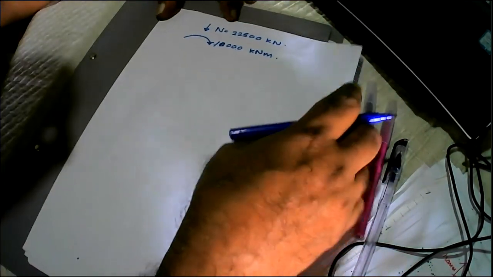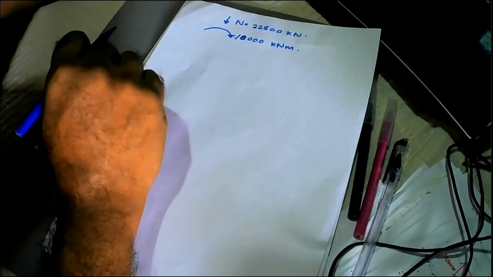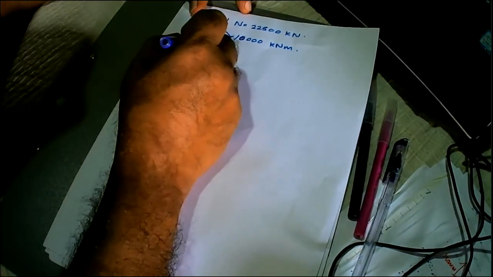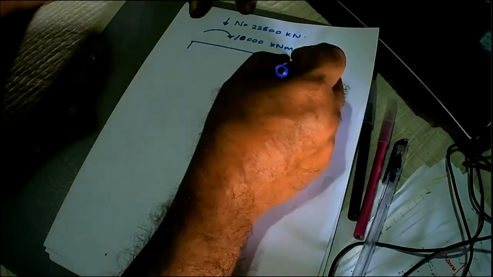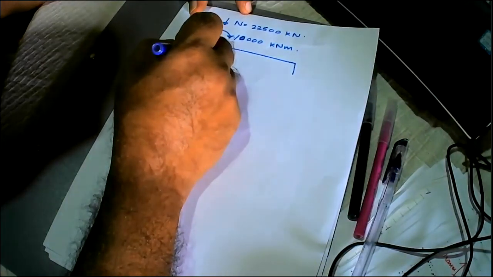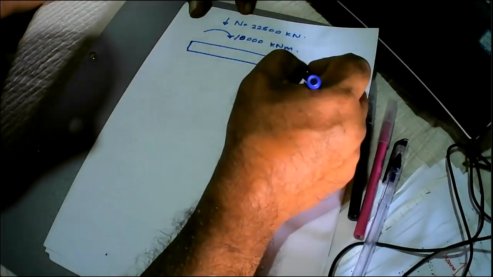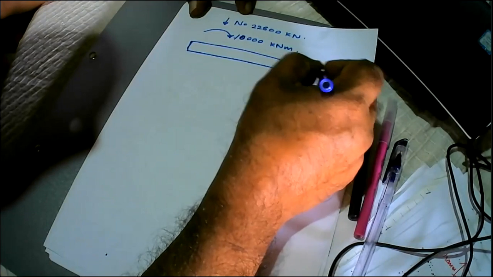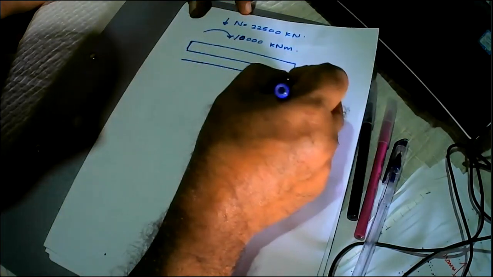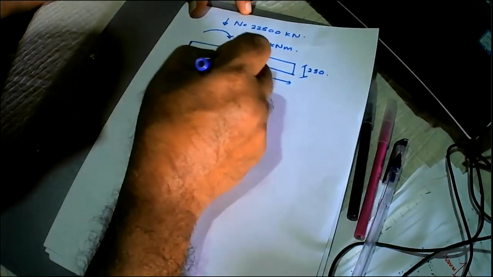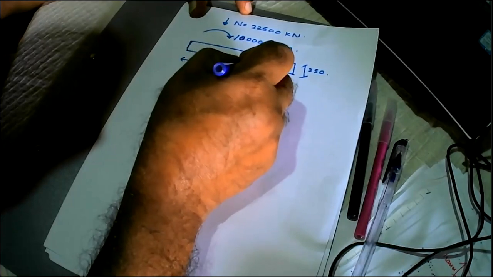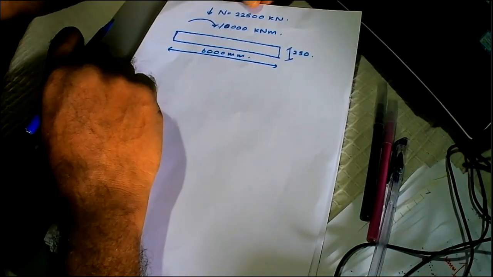Right. So we have a moment of 10,000, axial load of 22,500 kilonewtons on a shear wall, on a concrete wall, having a thickness of 250 millimeters. The length is 6,000 millimeters. The question is, how do you find the reinforcement in this wall? We know the moment, we know the axial force.